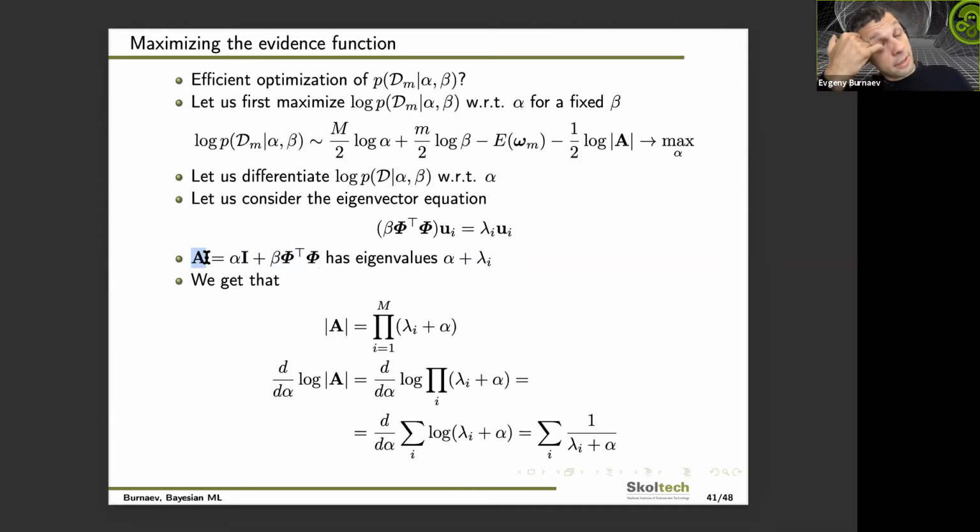And in order to define alpha, we can use the following trick. We estimate the minimal eigenvalue of this matrix, and we define the initial value for alpha such that its minimal eigenvalue is bigger than some threshold.